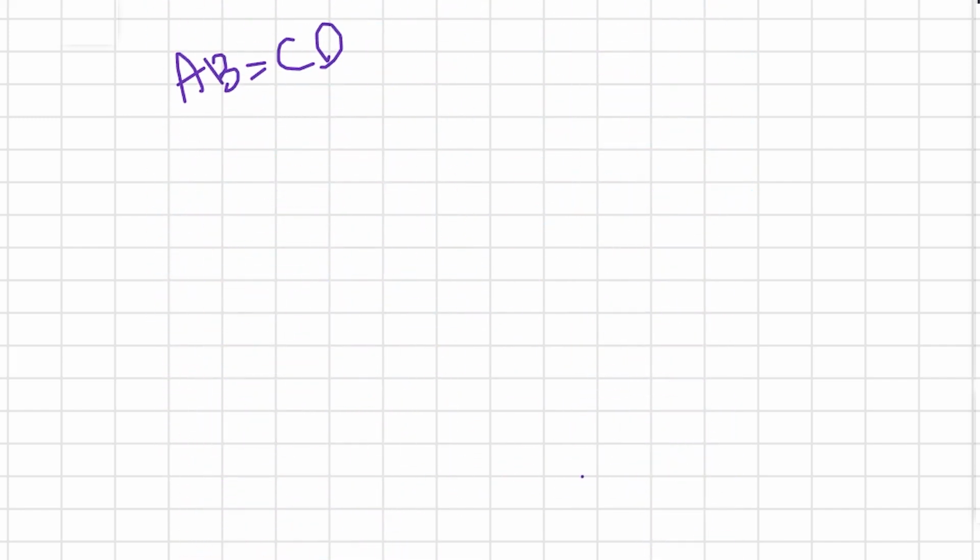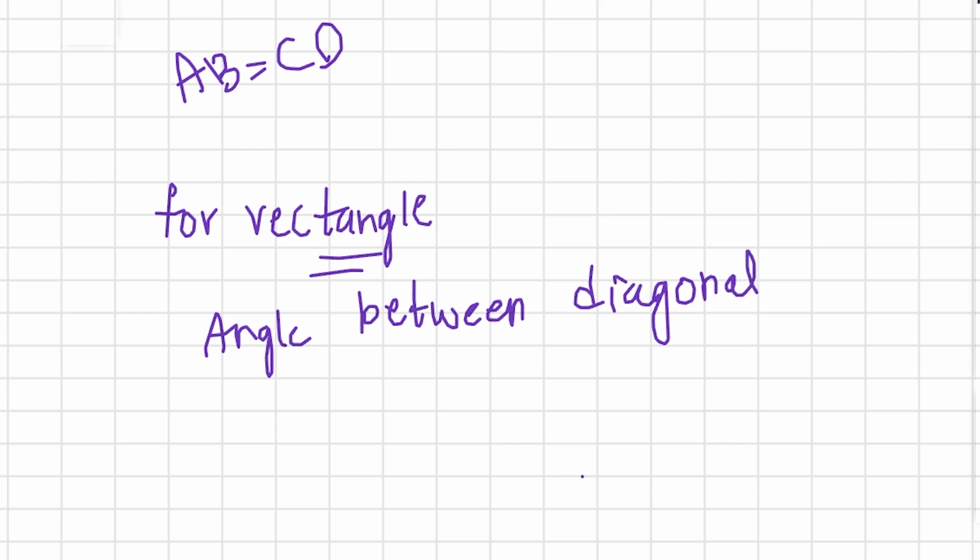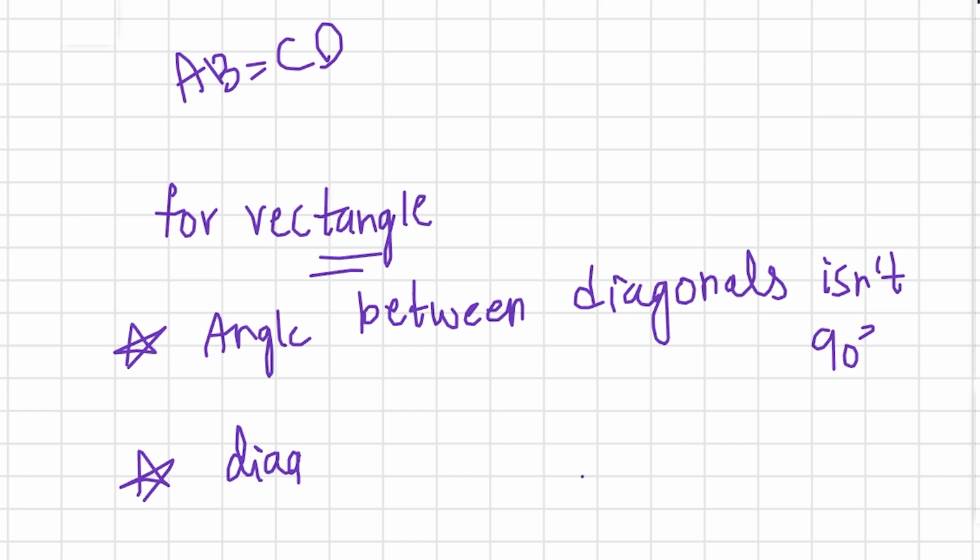So for a rectangle, the angle between diagonals is not 90. No doubt, right? This is point number 1. The other point is diagonals are equal. That is good.